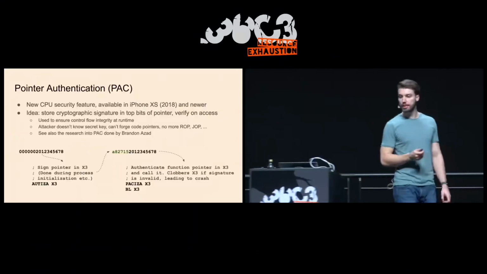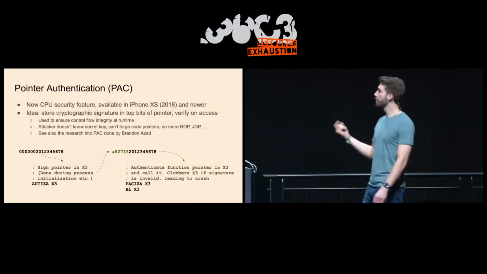So here on the very left side you have a raw pointer, so the top bits are 0, because of the way the address space works. Now there's a set of instructions that sign a pointer. They maybe take a context or not, but they use some key that's not in memory, that's in a register, compute a signature of this pointer, and store the signature in the top bits. And that's what you see on the right side. The green things, that's the signature.